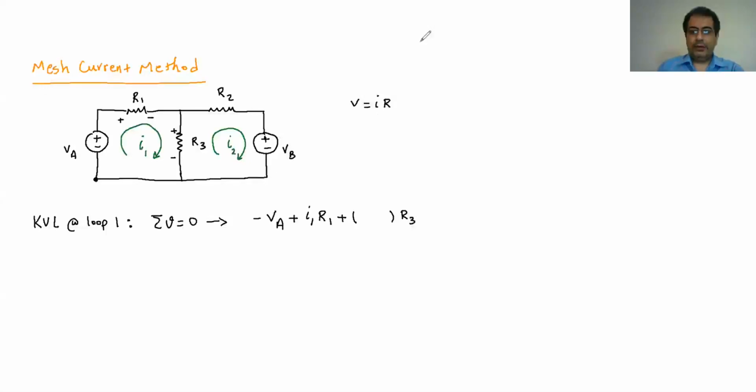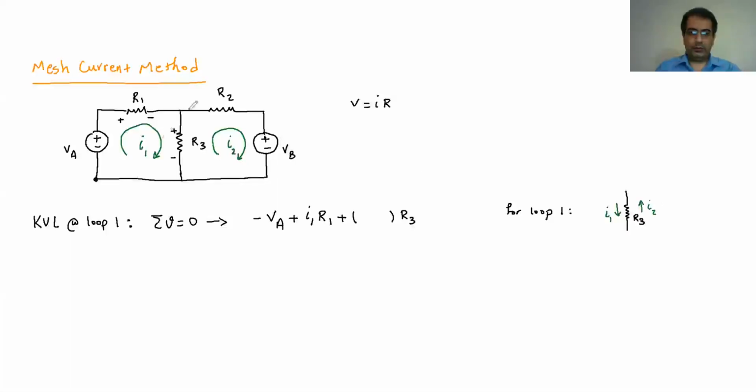So for loop one, if I look at the whole thing from loop one, we have the R3, and in the R3 we have the I1, and we have the I2 at the same time.